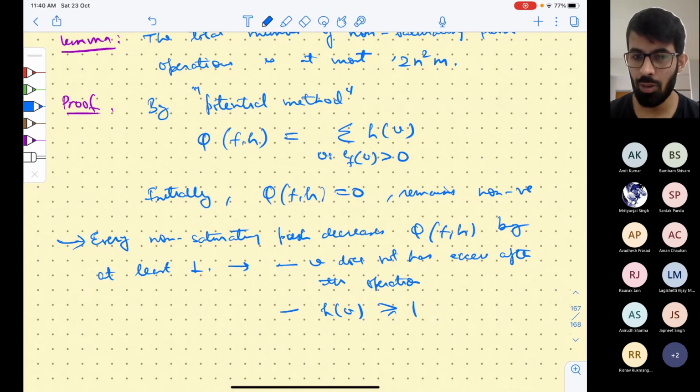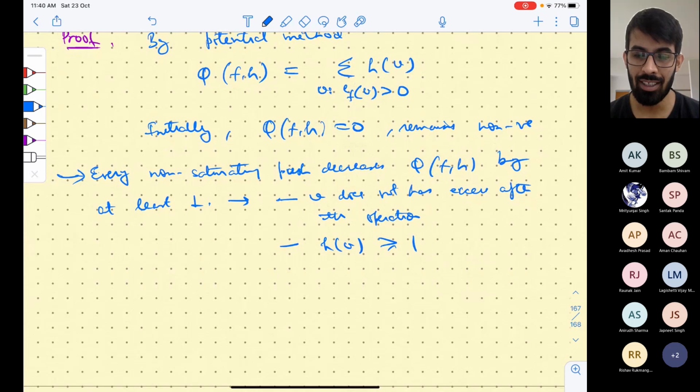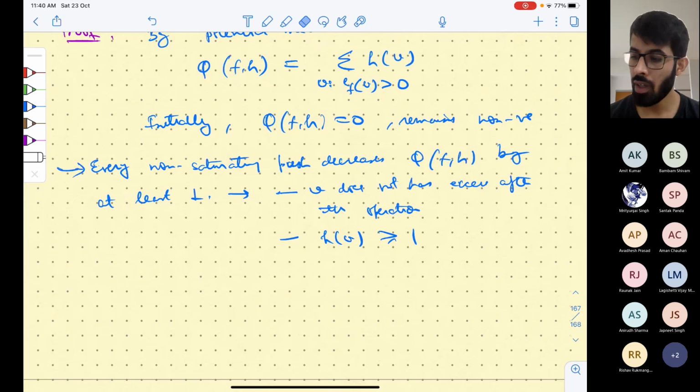So it will be removed, but the fine point was that the height of V was positive. That's why it was contributing. That's why we can say that it will definitely decrease by at least 1. Okay, good. So now we know that this operation decreases the potential by at least 1. So if we can give an upper bound on how much the potential can go, then maybe we can give a bound on the operations.